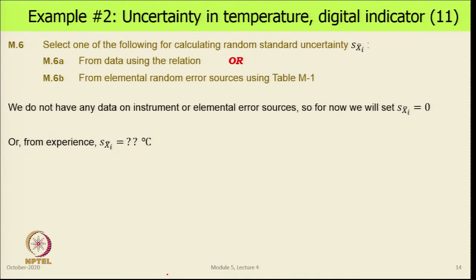So, the next thing is about calculating the random standard uncertainty, and we said, well, we have no data. So, we have an option, either we set it from experience, some number, but for now we will just say it is 0.